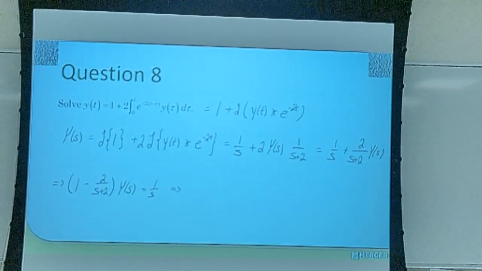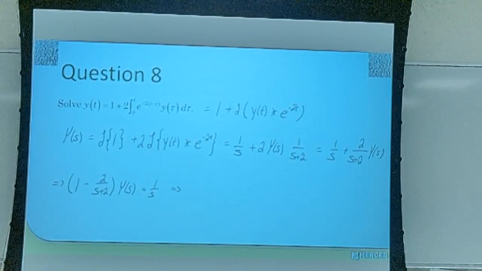Let's write that as a single fraction. Simplify: 1 minus 2 over s plus 2. What is it? s over s plus 2.